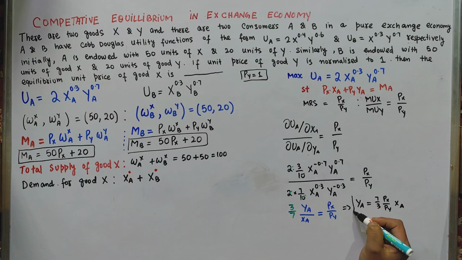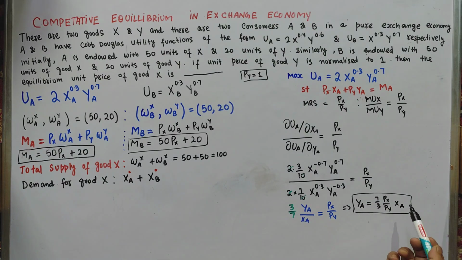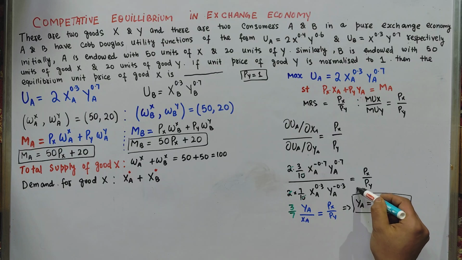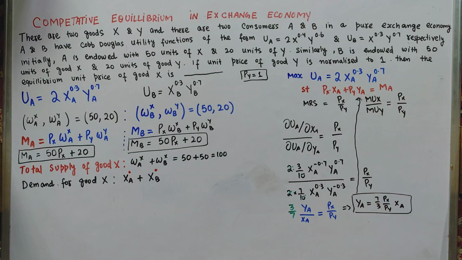Okay, next what will we do? We plug this value of y_A into the budget constraint. Okay, so here we put the value of y_A. So what will we get? Let me see if I have space left. Yes, I have the space left. So I will rub this out obviously because I don't have the space.